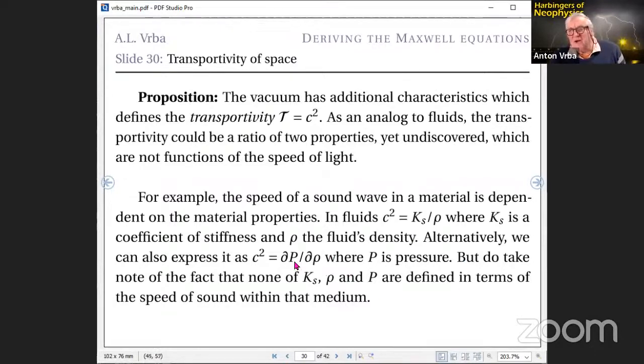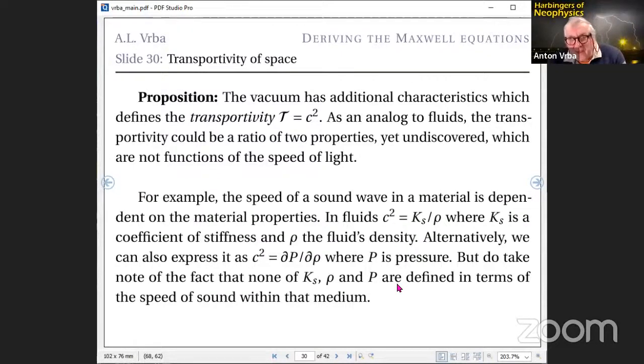Alternatively, we could also express it as the partial derivatives of the pressure and the fluid density. But I must take note that neither the coefficient of stiffness, the density, nor the pressure is defined in terms of c.